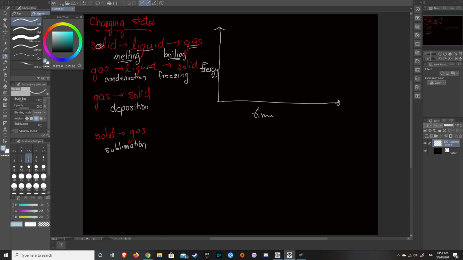So what we're going to see is, let's do this for water first. For water, we've got 0 degrees Celsius is its freezing and melting point, and 100 degrees Celsius is going to be the boiling point.